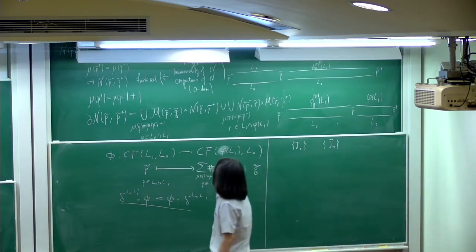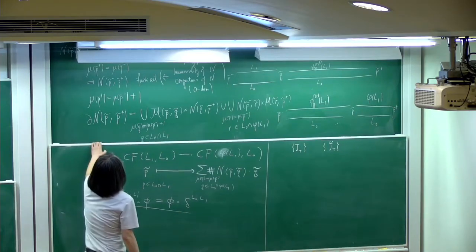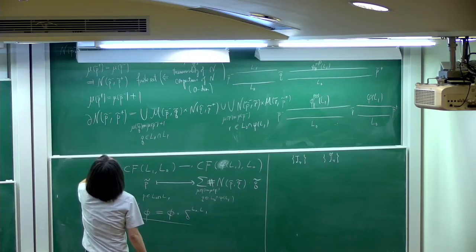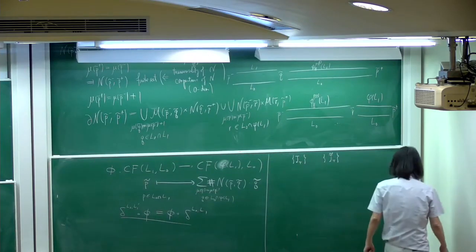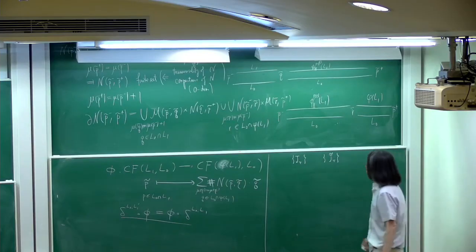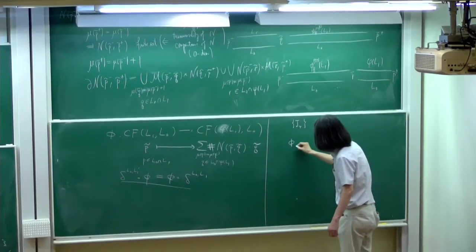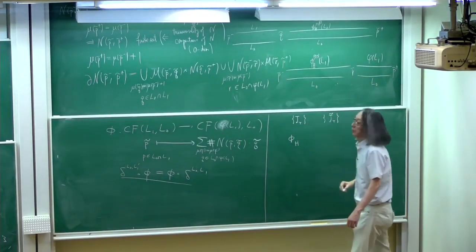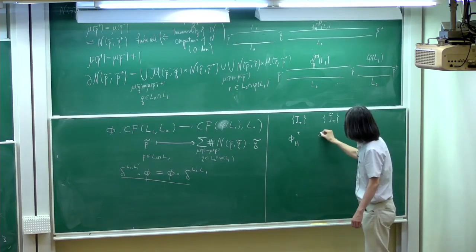And another thing is that you can also move this. So you have phi h t, and maybe you have another one, like phi of h tilde of t.